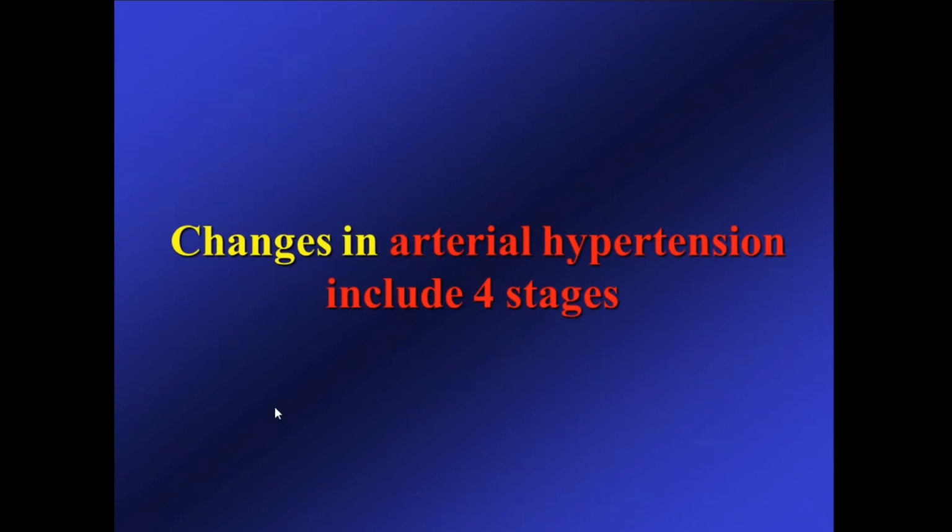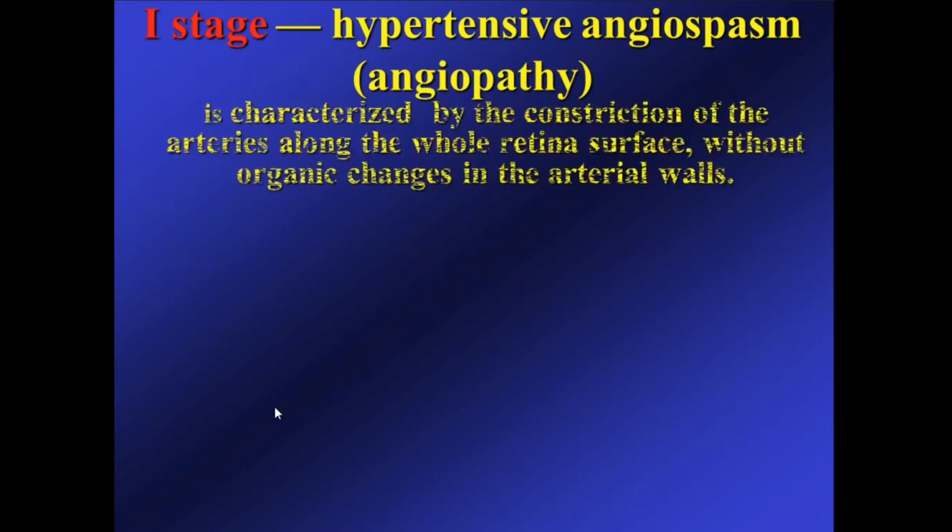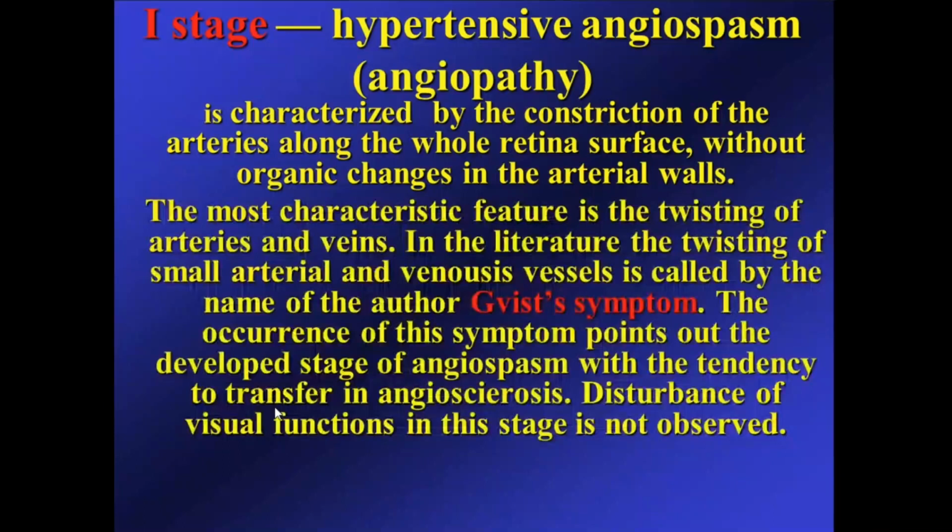We start from the arterial hypertension. Changes of the eye fundus in arterial hypertension include four stages. The first stage, hypertensive angiospasm or angiopathy.